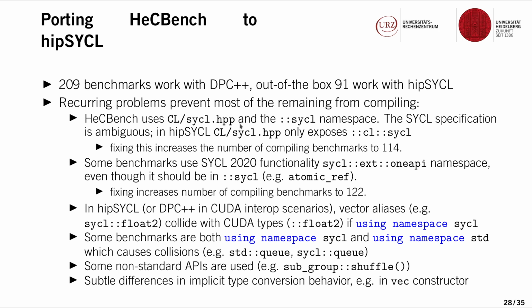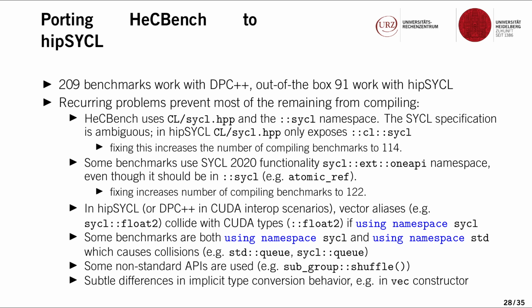HeCBench uses this header and the top-level SYCL namespace. The SYCL specification, however, is ambiguous here, whether this header should expose the top-level SYCL namespace or whether it should expose cl::sycl exclusively. In hipSYCL, CL/sycl.hpp exclusively exposes the cl::sycl namespace.